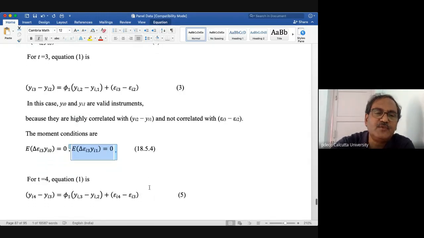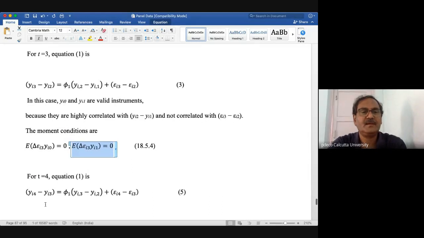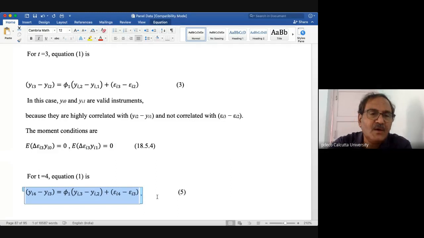At t is equal to 4 you have this one: yi4 minus yi3 on the left hand side.